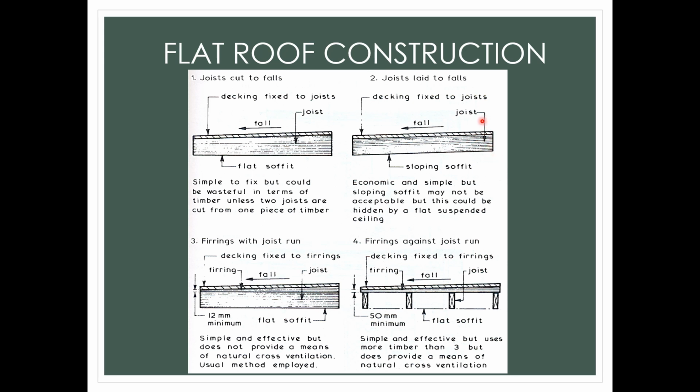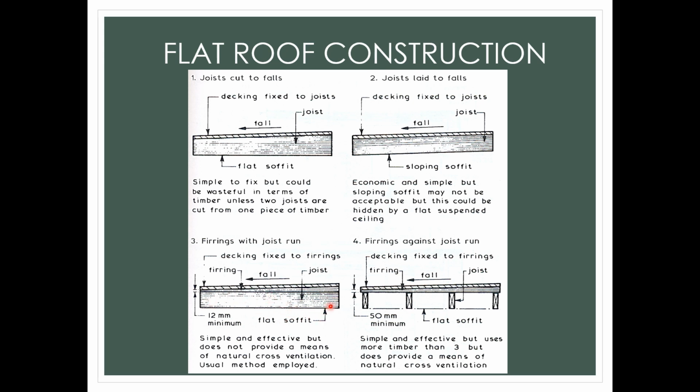The objective of this is to provide some fall for the rainwater. This is economic and simple, but sloping soffits may not be acceptable, although this could be hidden by a flat suspended ceiling. So we have to put some extra material at one end just to provide some sloping soffit.